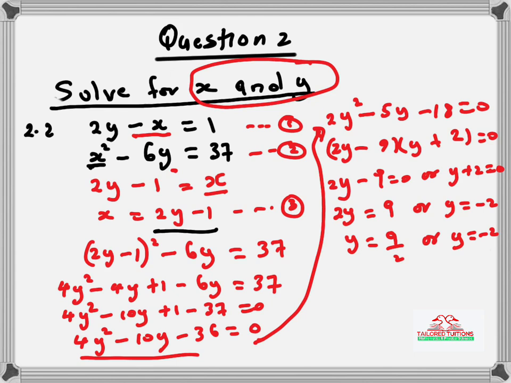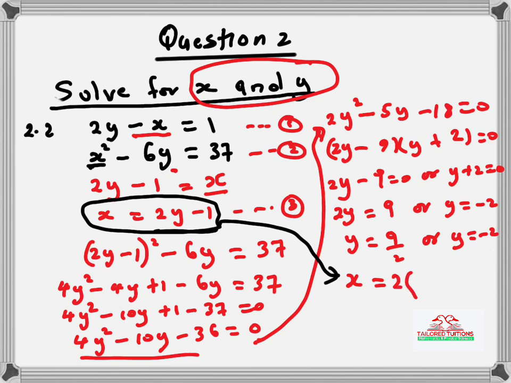It is easier, good people, if you go straight to what? To this equation here, because it was already in terms of x, and say x is equal to, if y is this, so it's going to be 9 over 2 minus 1.